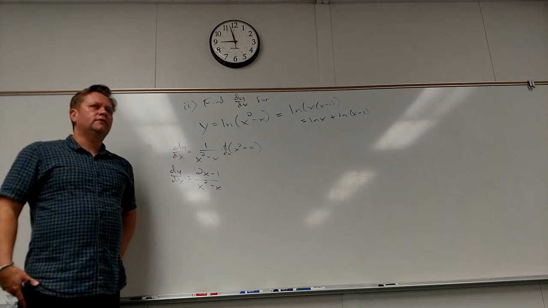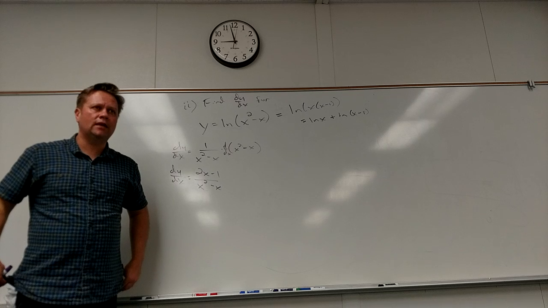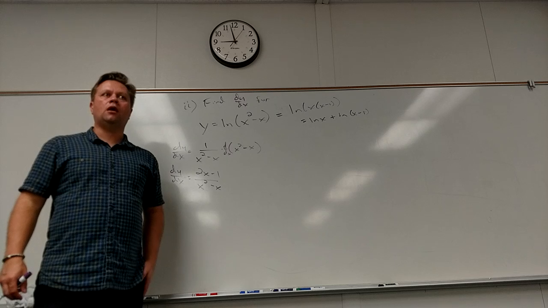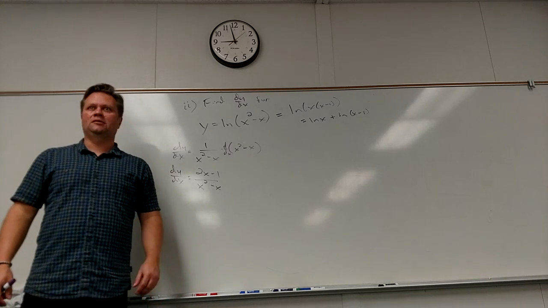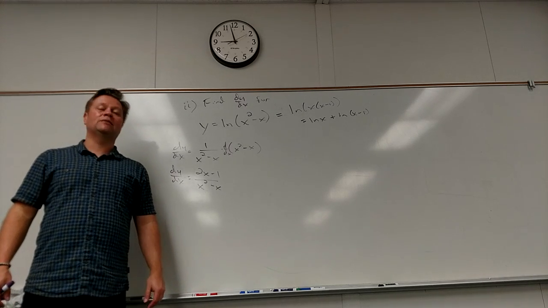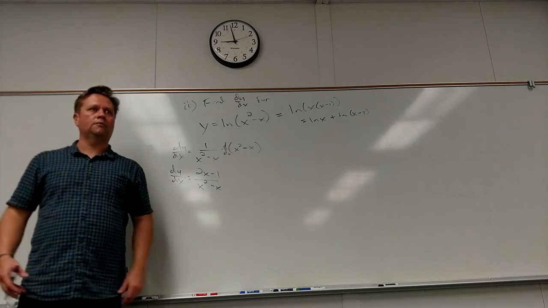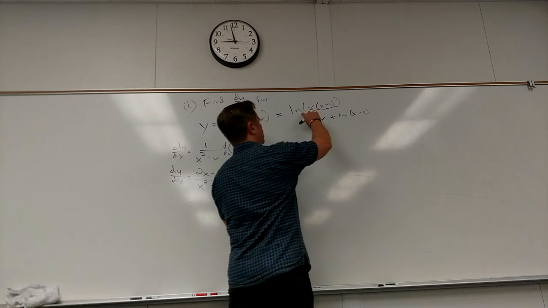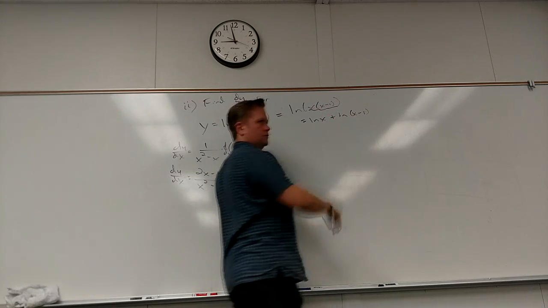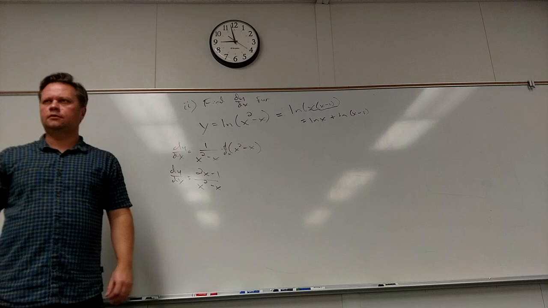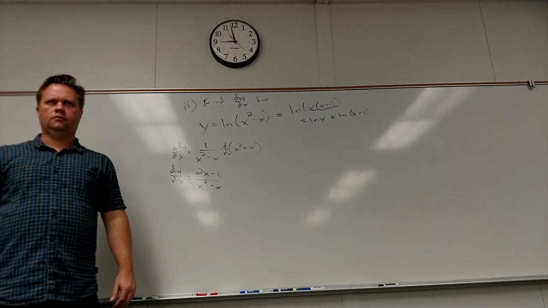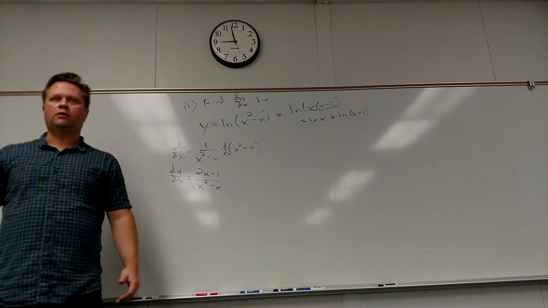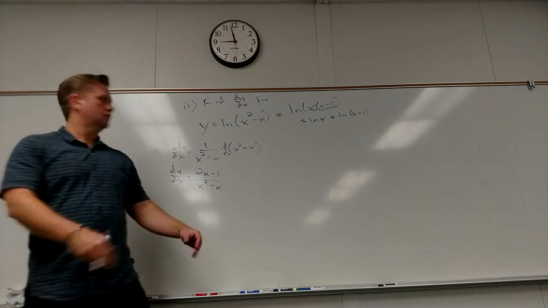The properties of logs have to be the same as the properties of powers because logs are powers. The answer to a logarithmic question is the power you need. So what do I do when I multiply things with like bases? I add the powers. That's all that property says. So if you never quite got that the first time around, that's all this is. You already know the properties of logs when you learn the properties of powers.